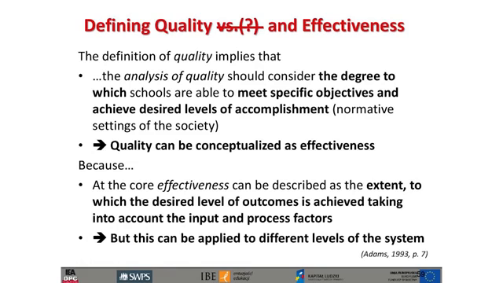So that's why I excluded this "versus" and question mark and put "defining quality and effectiveness", because I think those terms should contribute both to school effectiveness or school quality evaluation.